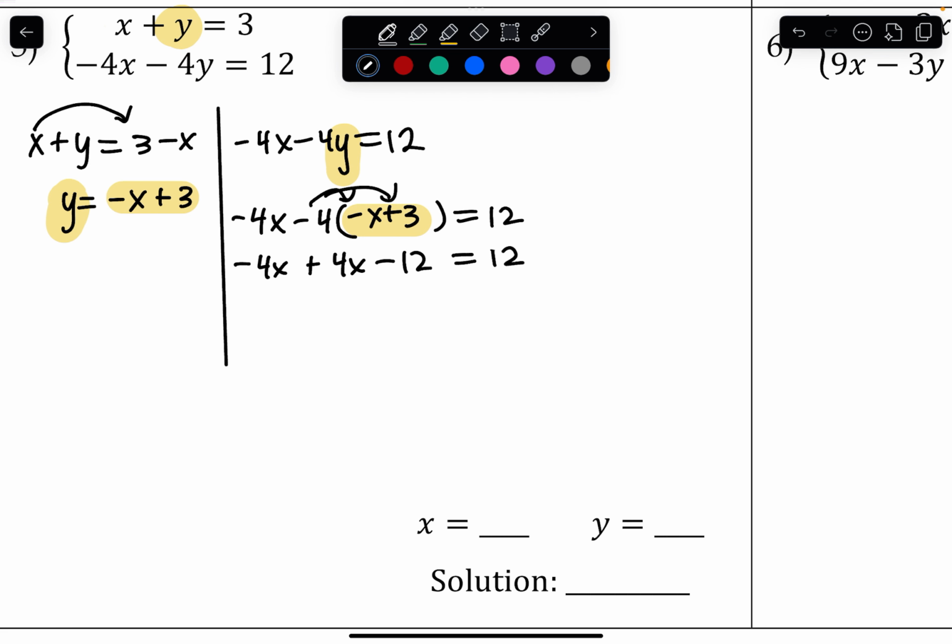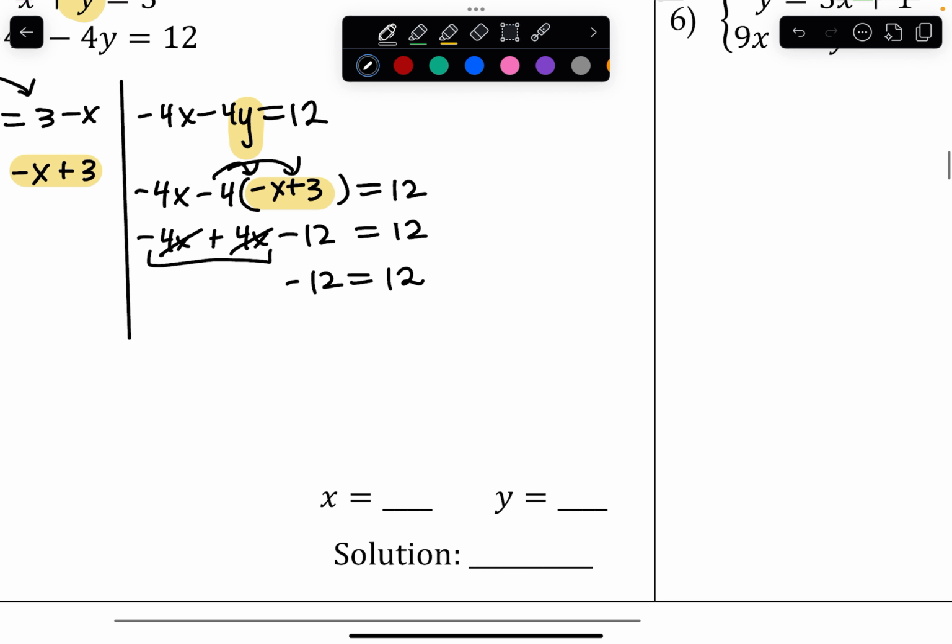Okay, and then here, negative 4x plus x cancels, leaving me with just negative 12 equals 12. And so if you remember from Unit 1, anytime your variable cancels and leaves you with a false statement, negative 12 does not equal 12, your answer is no solution.